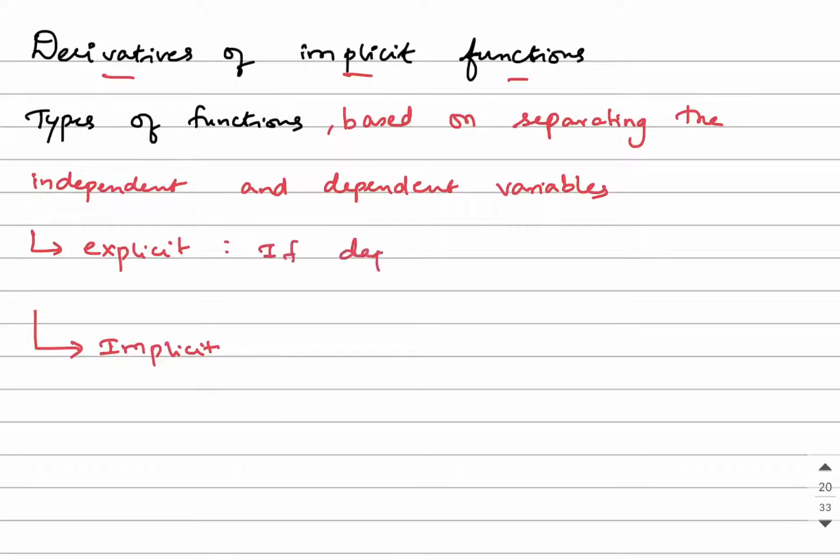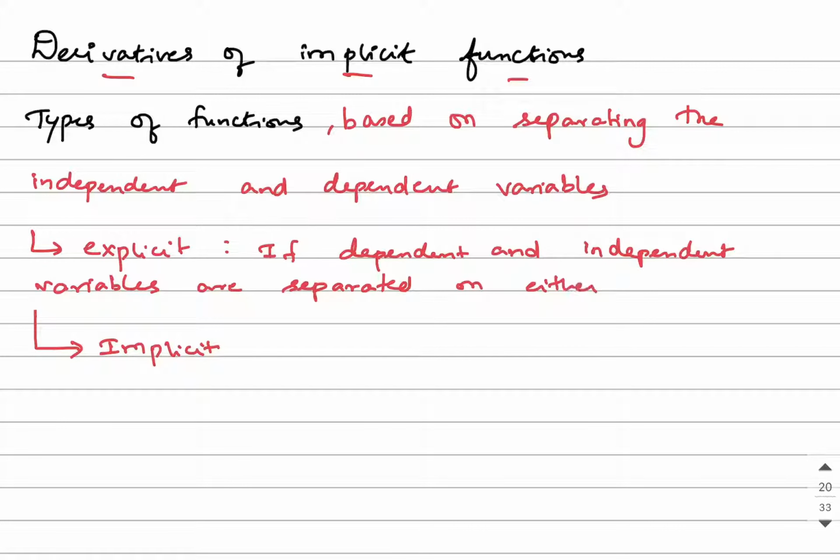If dependent and independent variables are separated on either side of the equality symbol, then the given function is said to be explicit.